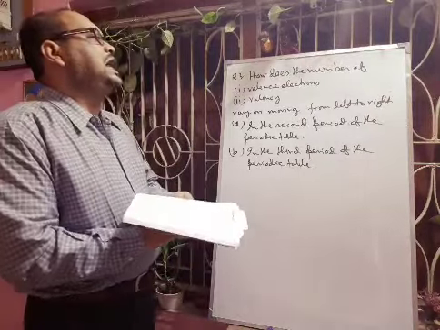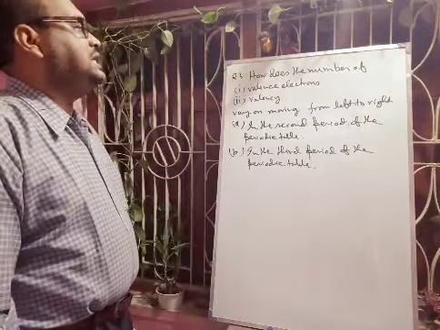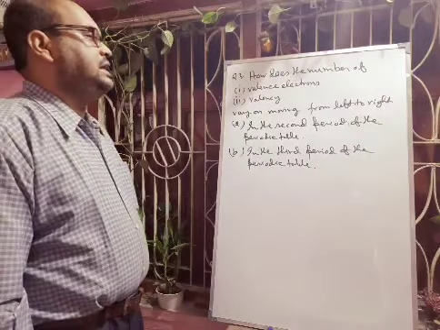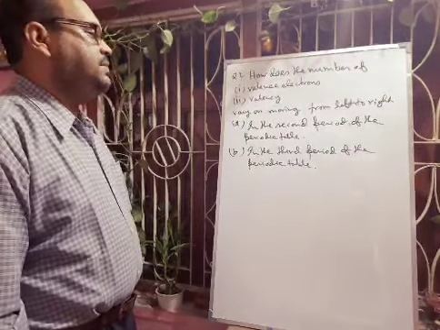So question is that how does the number of valence electron and valency vary on moving from left to right?